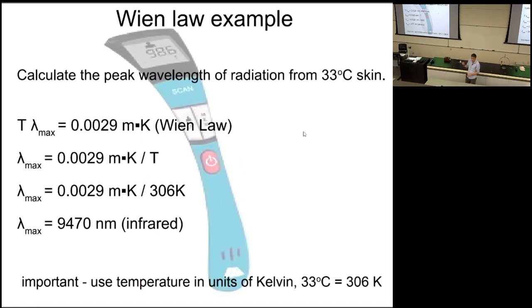That's about 9.5 microns, and that's in the infrared, and that's why we are glowing. If you had infrared goggles, you'd see all of us in the room glowing with a peak at this wavelength of about 9.5 microns, but we don't see it visibly.